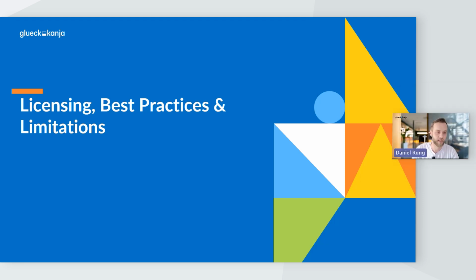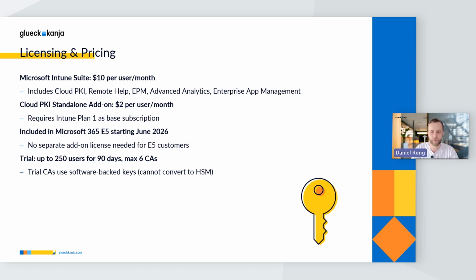Thank you, Stephen. Yeah, let's start with licensing. So any user who gets a certificate through Cloud PKI from Intune needs a Cloud PKI license. You can get this license through the Microsoft Intune Suite or a standalone add-on, which needs to be licensed for any user.